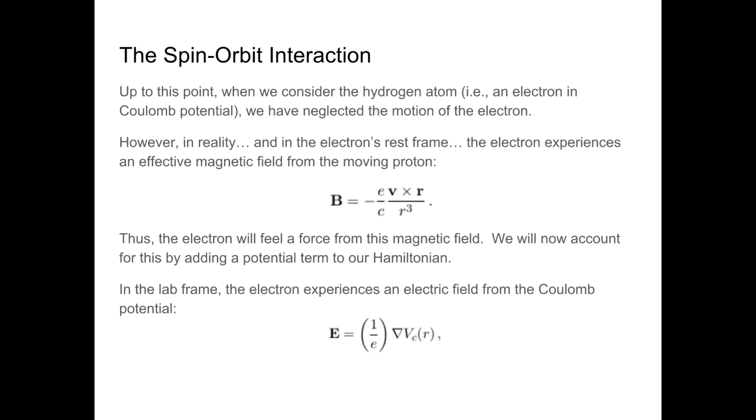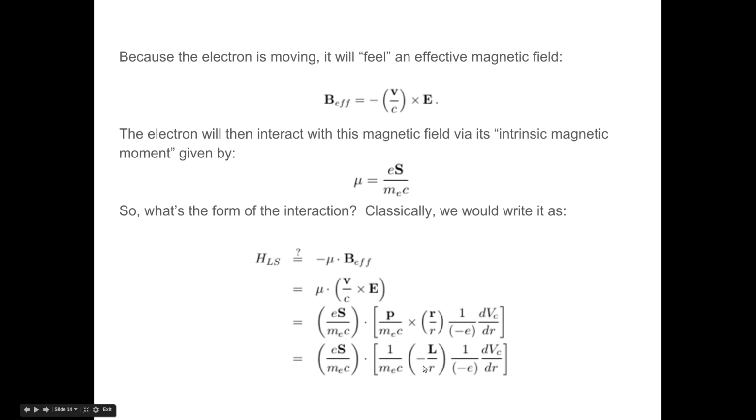So in the lab frame, the electron experiences an electric field from the Coulomb potential. And because the electron is moving, in the electron's rest frame the electron is going to feel a magnetic field.